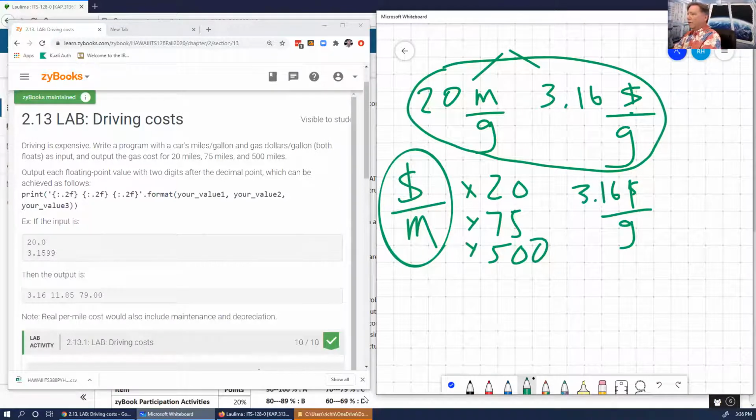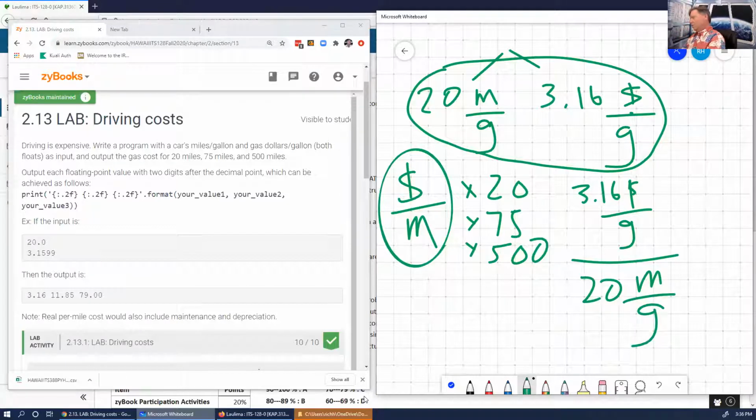And if I divide that by 20 miles per gallon, then these two G's cancel.